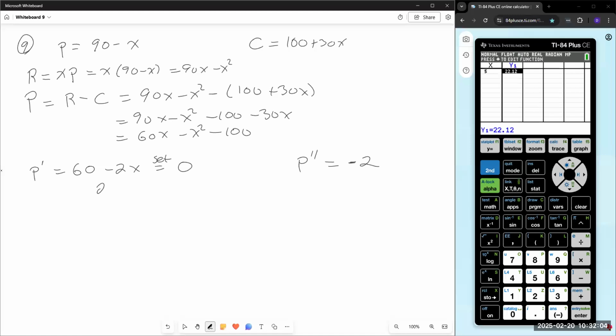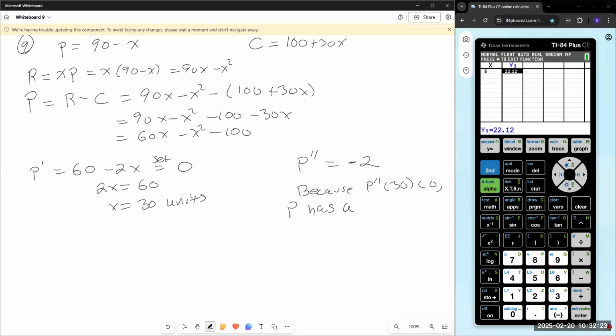So 2X is equal to 60, X is equal to 30 units, because P double prime of 30 is less than 0. P has a maximum when X is equal to 30 units.